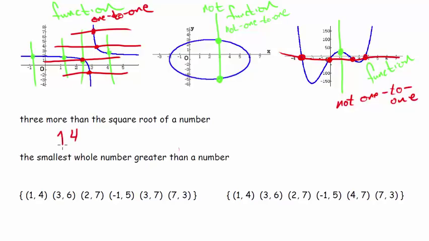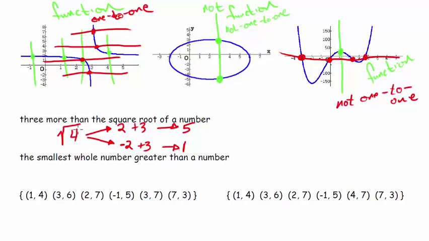I take the square root of 4, and remember we said there are 2 roots here. I can have 2 and -2. Then I add 3 to both of these, and I get 5 up here and 1 down here.